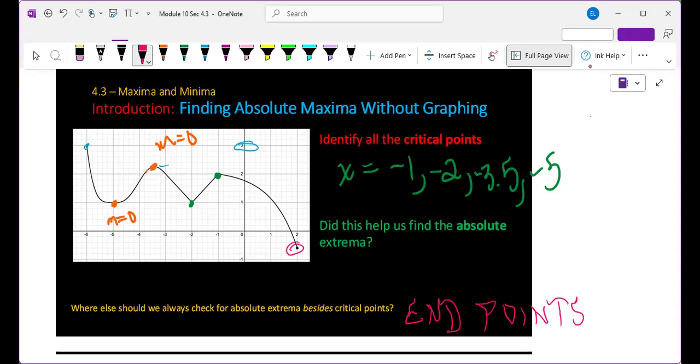So whenever we're looking for an absolute extremum, we look for all of our critical points where the derivative is 0, where the derivative is not defined or does not exist. And then also we look at the endpoints if we have definitive bounds on the function.